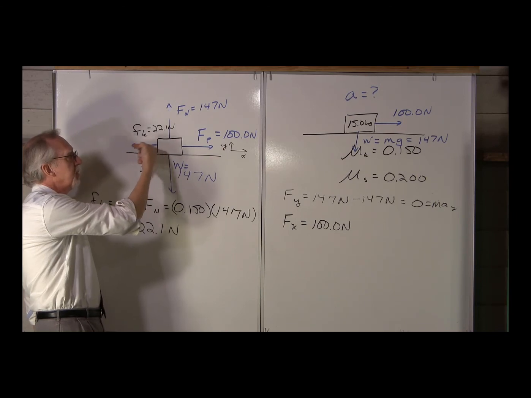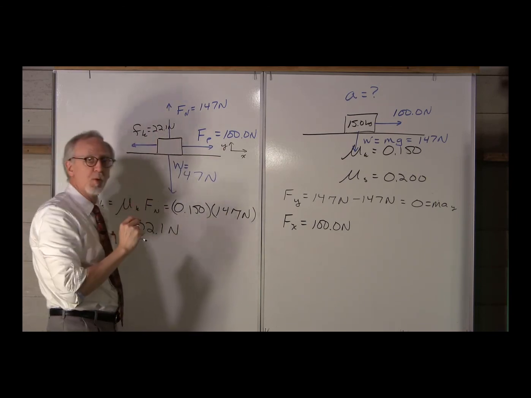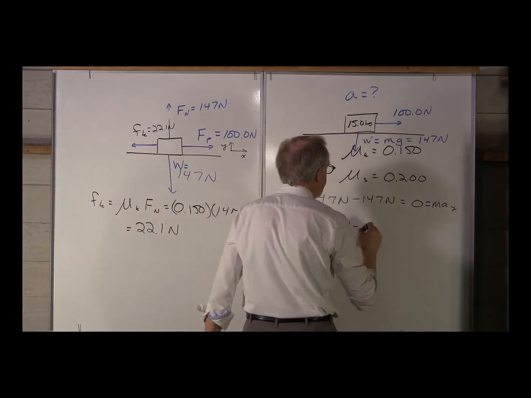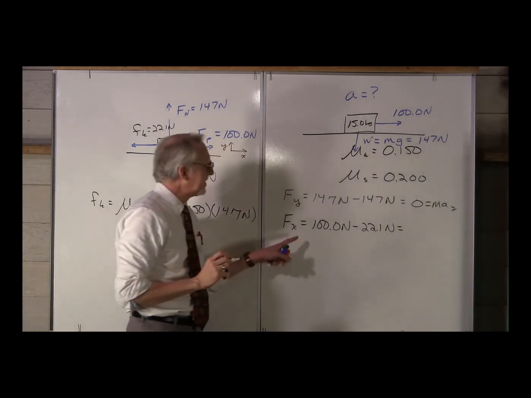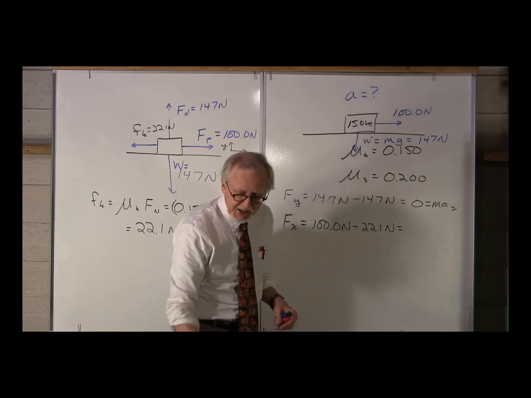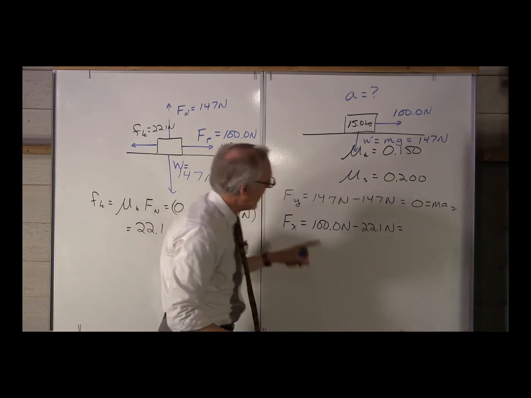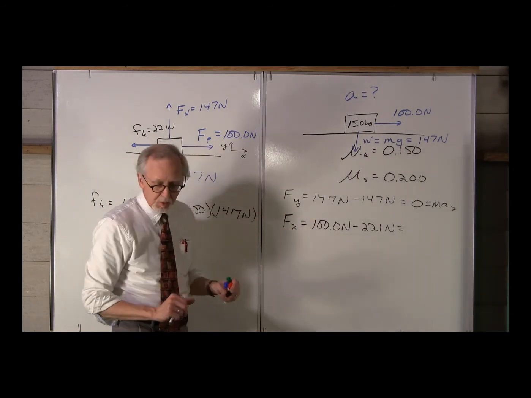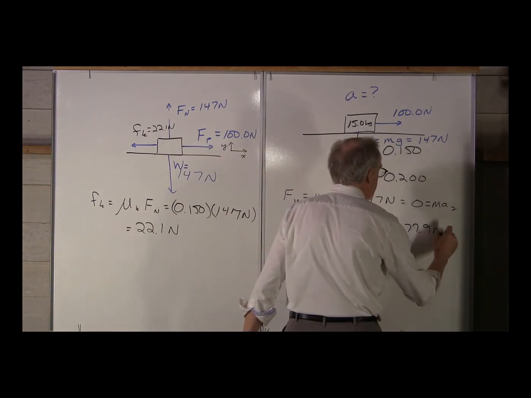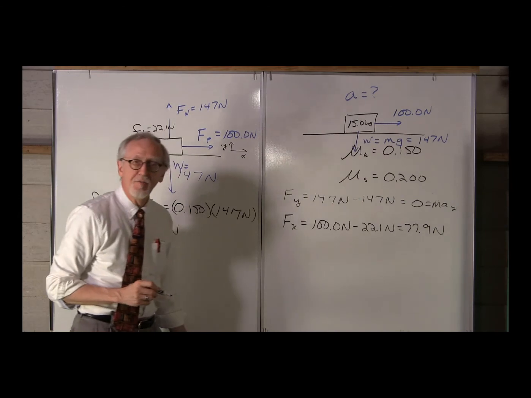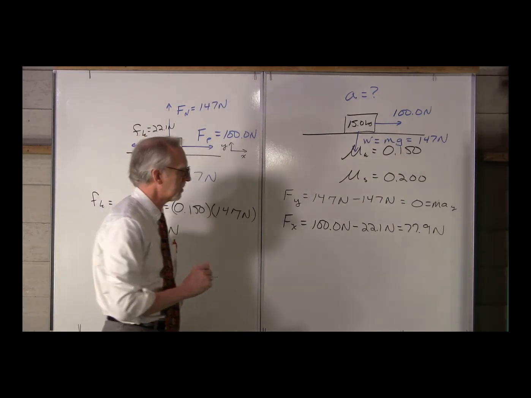So that's going to contribute a negative 22.1 newtons. So minus 22.1 newtons. Well, we subtract these, and we get 77.9 newtons. That is the net force acting in the x direction.